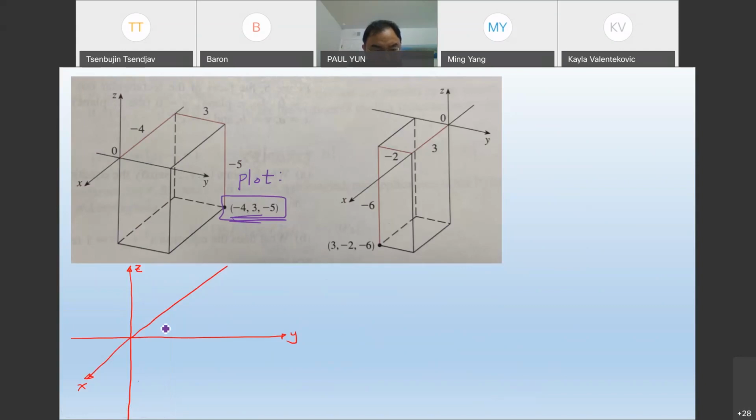Make sure it's parallel. Don't draw the line like this; this is a mistake, and then you get things messed up. Just draw something like this. Make sure this is parallel to the y-axis. 1, 2, 3, 4. Indicate -4. And then 3. 1, 2, 3. So make sure you draw the parallel.